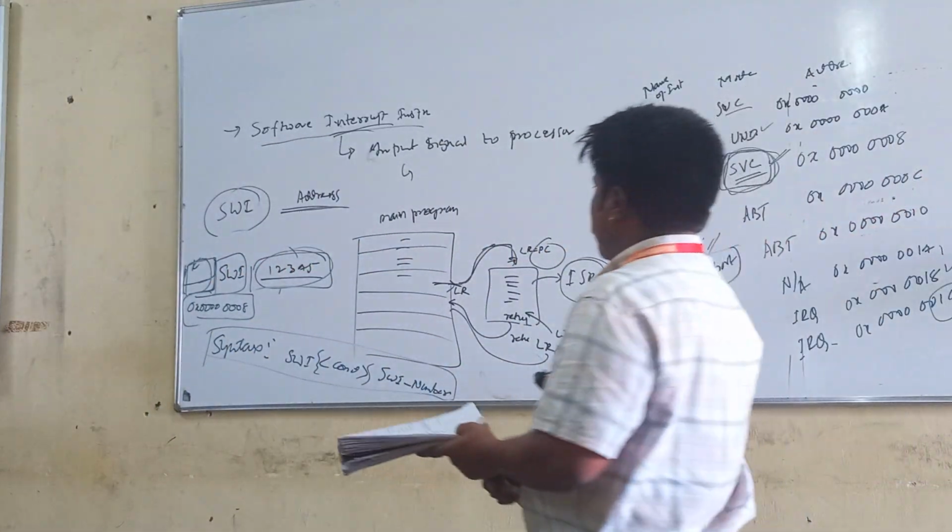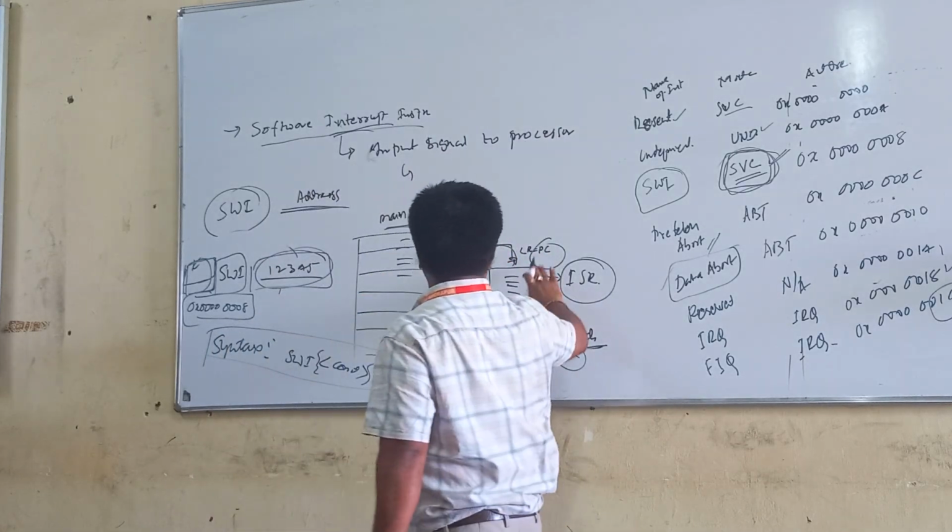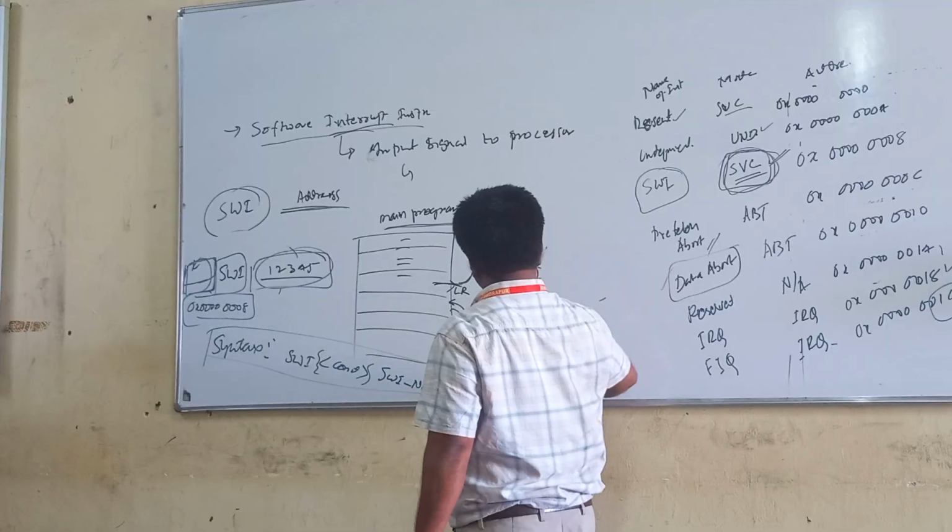Okay, just copy this figure. Write the main program, and thereafter write the subroutine program here.